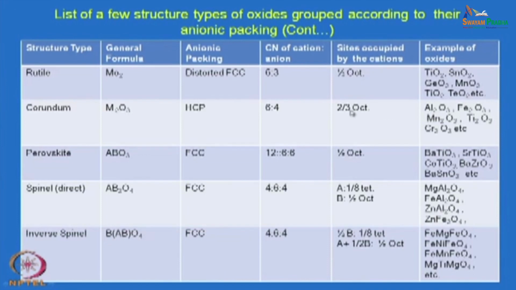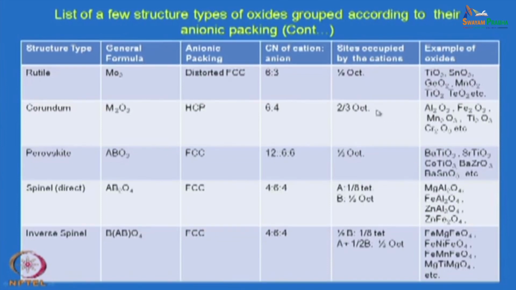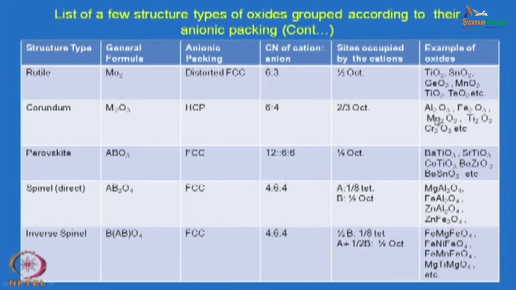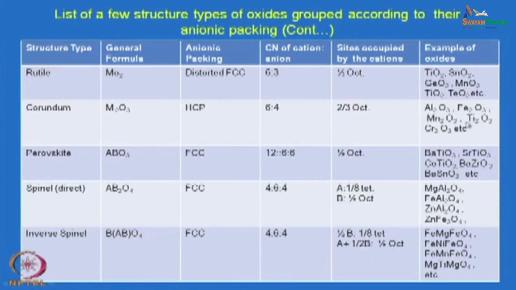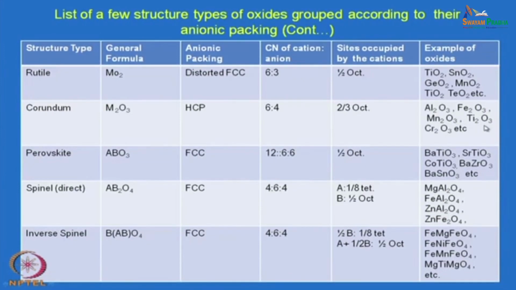So, you have only 2/3 and the rest 1/3 is vacant. The oxides which crystallize in this particular structure are Al2O3, Fe2O3, Mn2O3, Ti2O3, Cr2O3 and so on.